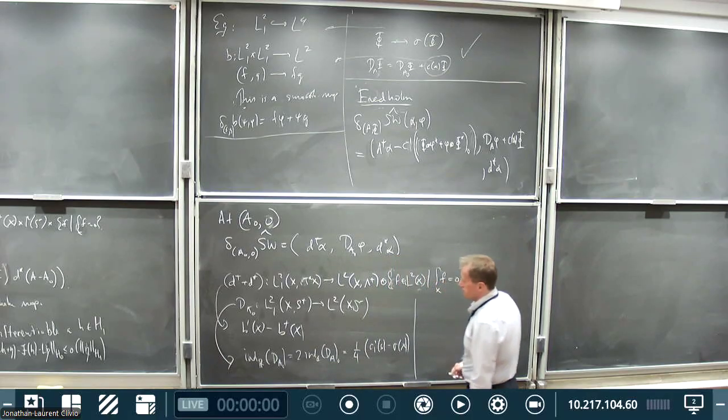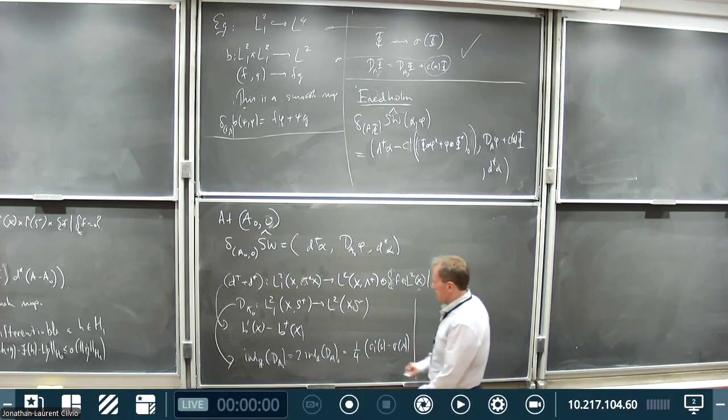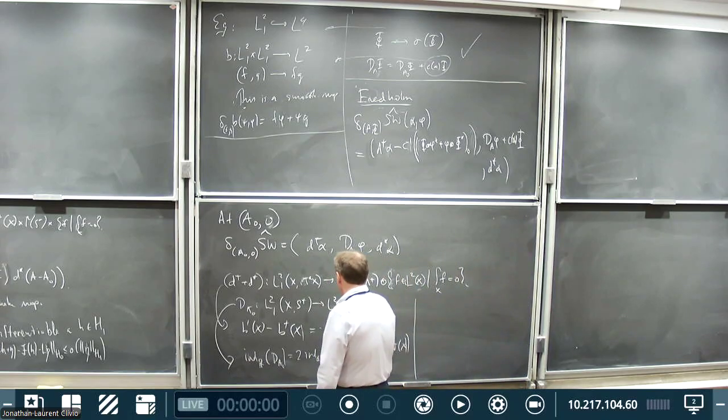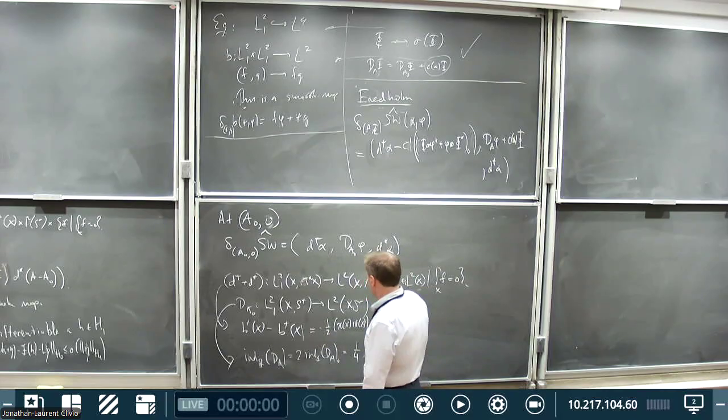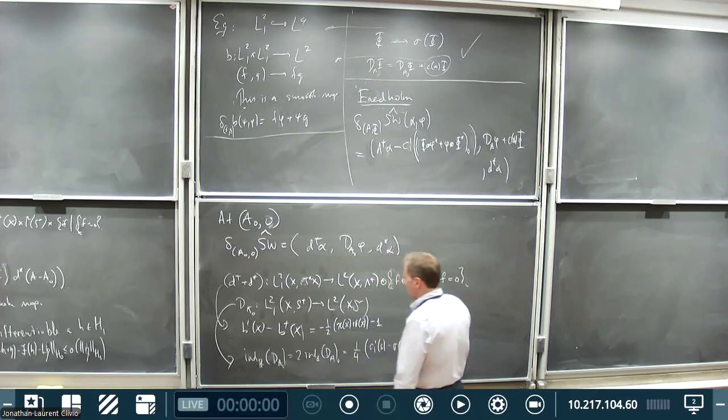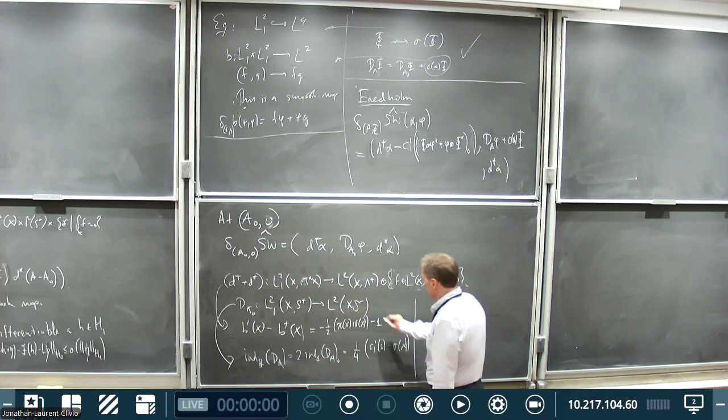And these guys, this guy is minus a half the Euler characteristic of X plus the signature of X plus 1, right, minus 1. Plus.